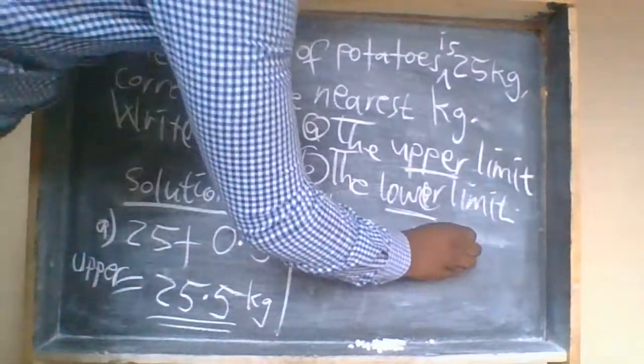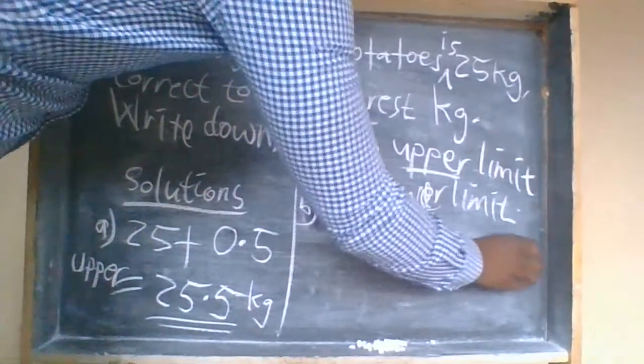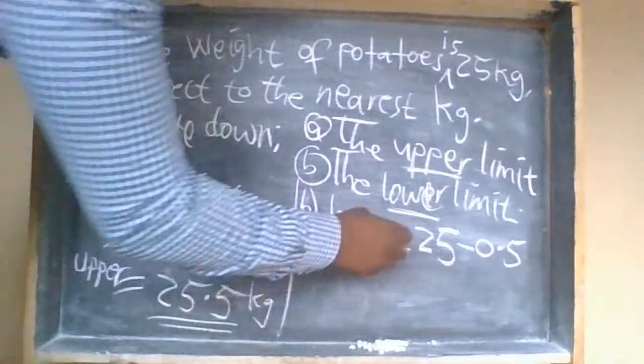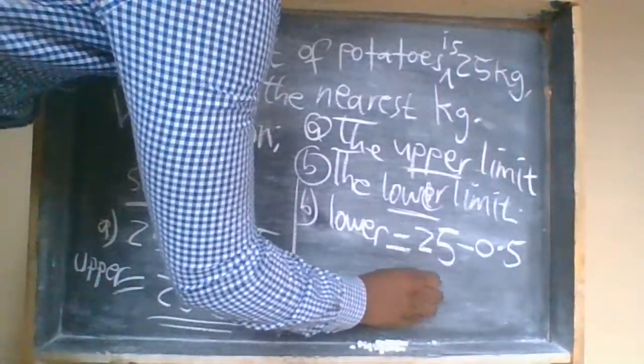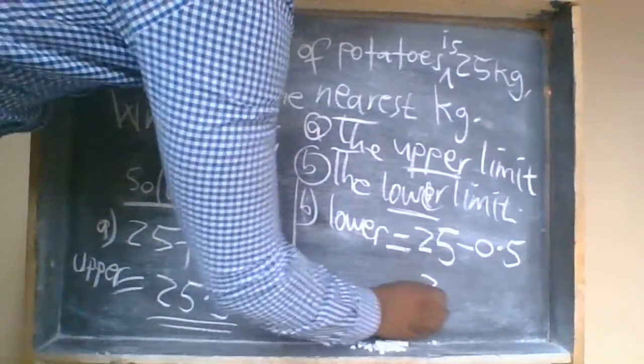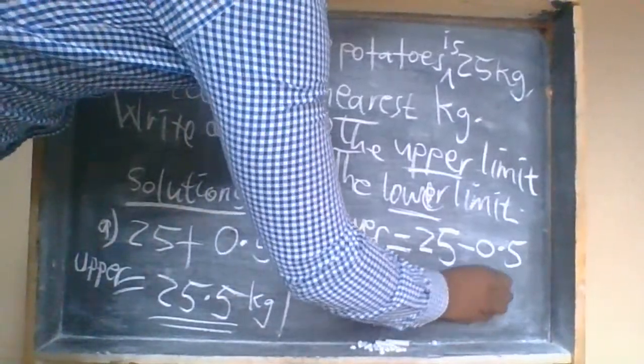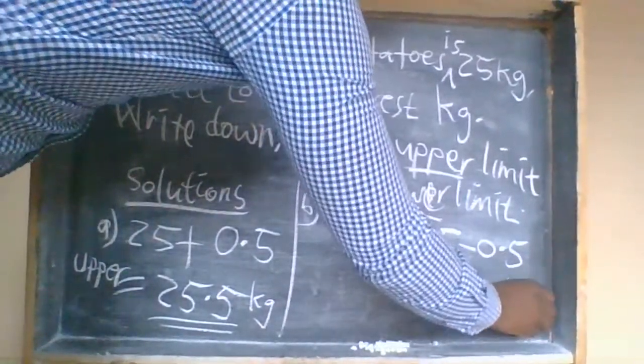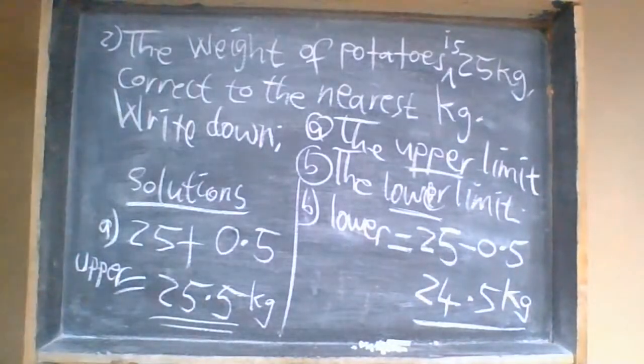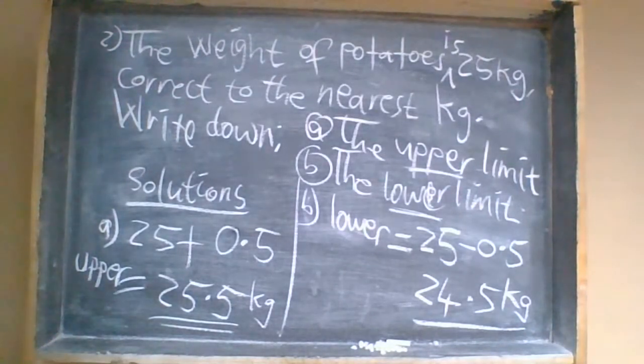For the lower, you subtract 0.5. What are we going to have? That's 25 minus 0.5, and we're going to have 24.5 kg. So that is how you go about the lower and the upper limits. I'll give you one last question.